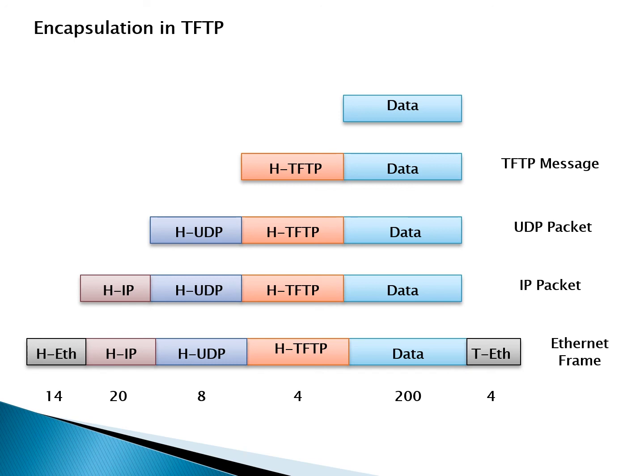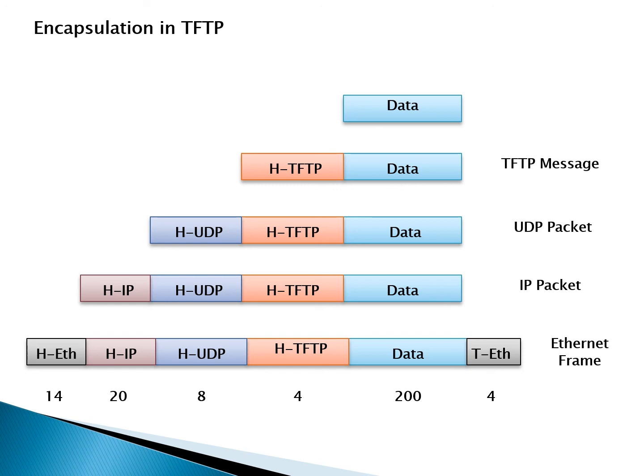At this layer, 8 bytes of UDP header get added. Then it comes to the IP layer. Here 20 bytes of IP header get added. Now it comes to the Ethernet layer. In the Ethernet layer, 14 bytes of header and 4 bytes of trailer get added. In the network, this is the whole data which gets transmitted.